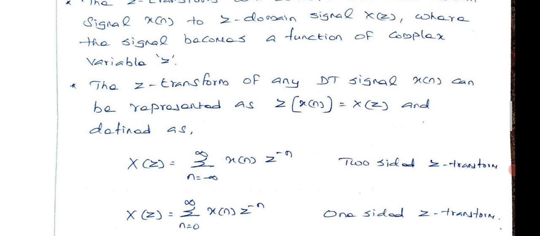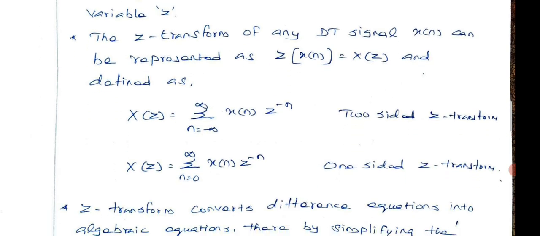The formula is x of z is equal to summation over n is equal to minus infinity to plus infinity x of n z power minus n. That is the two-sided Z transform, that is, negative side as well as the positive side.